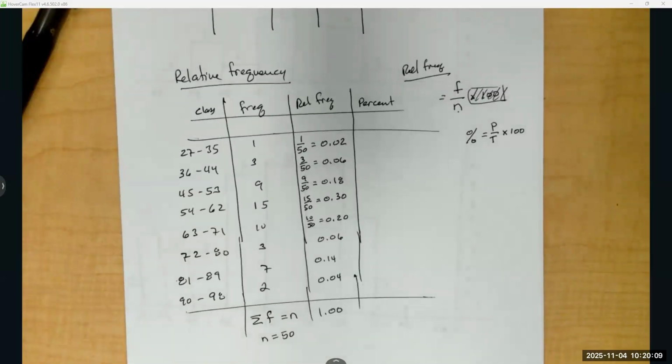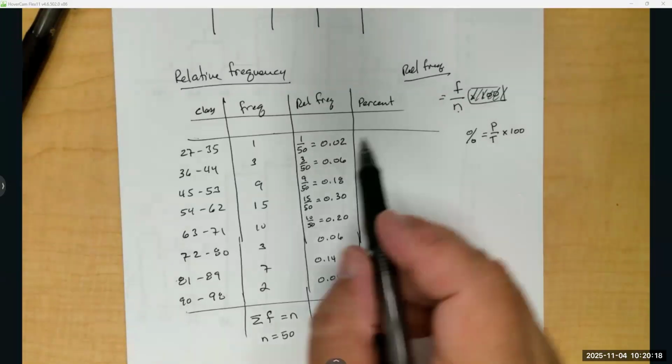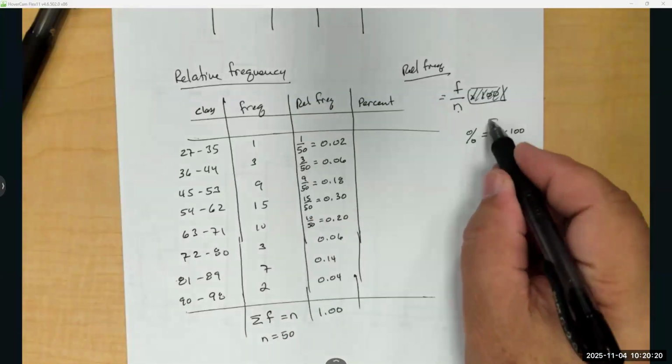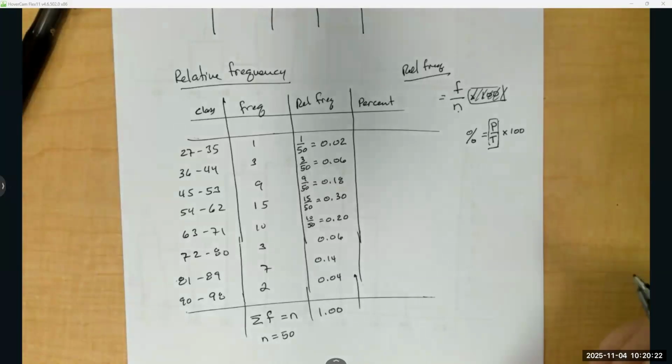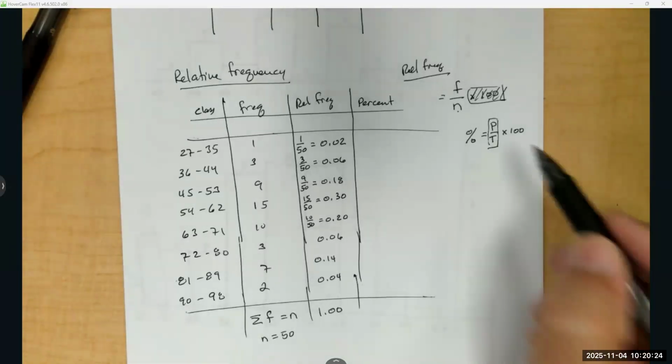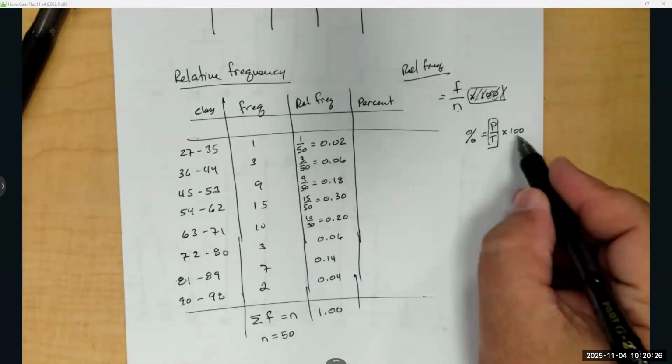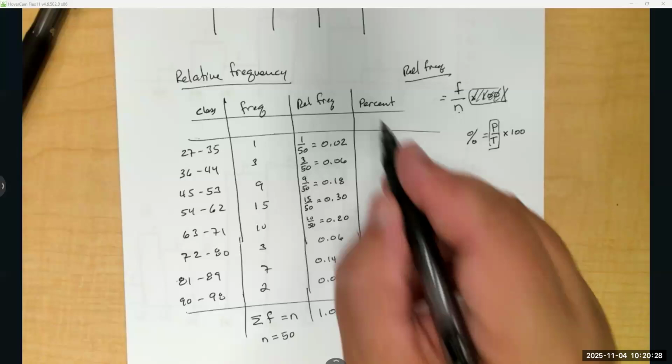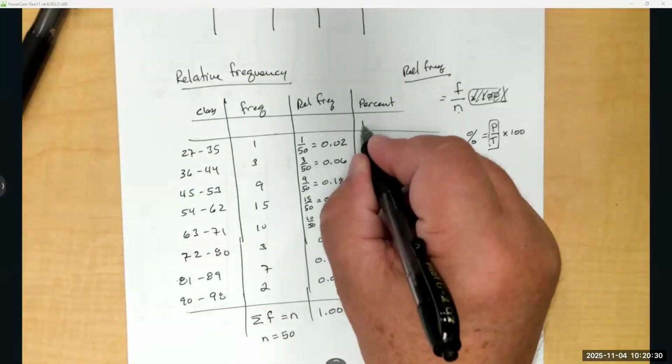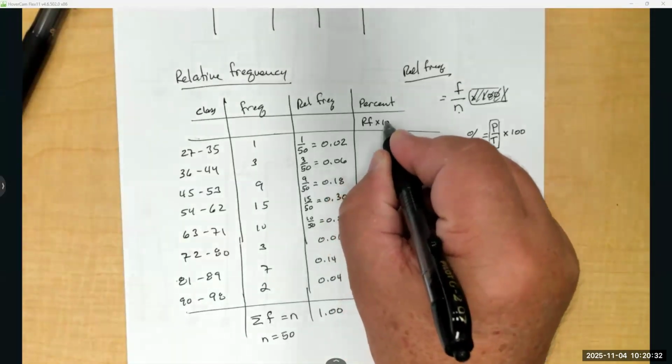Because the word itself means 1 over 100. But we're going from decimal to percent, so instead of dividing, we're multiplying by 100. This is the relative frequency, the part over total. And if you times 100, you get the percent. So it's the relative frequency times 100.